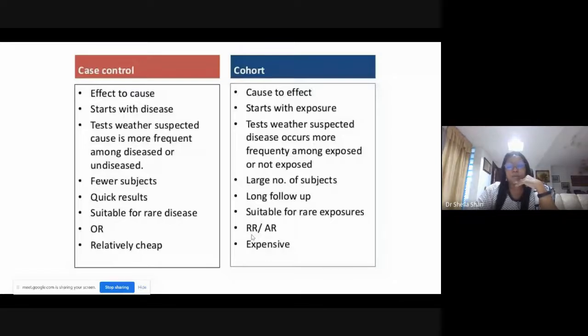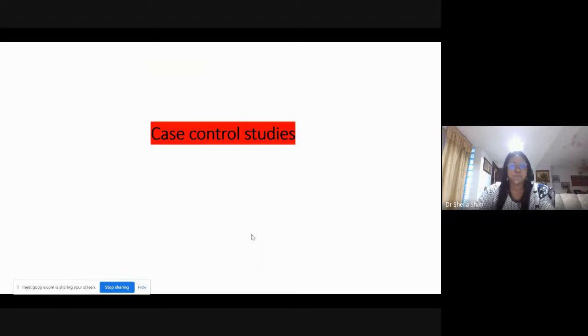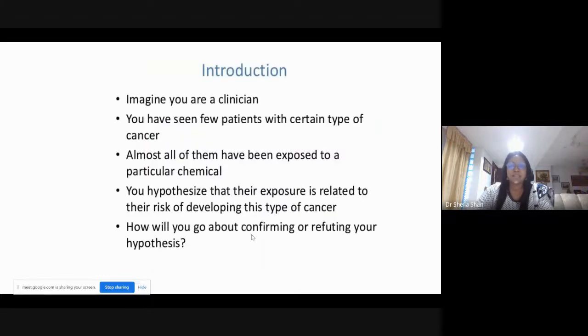So here we can see that there is a difference. Cohort has a large number of samples, but in case control you have fewer subjects, and it's cheaper for case control. So we see what is case control.